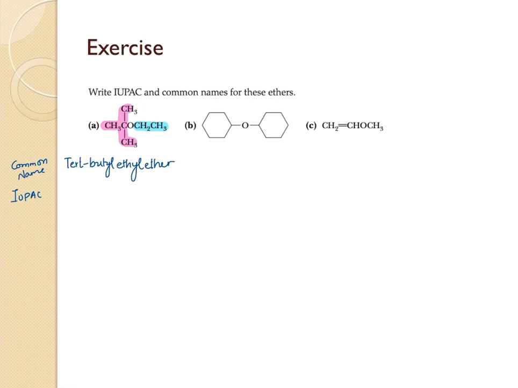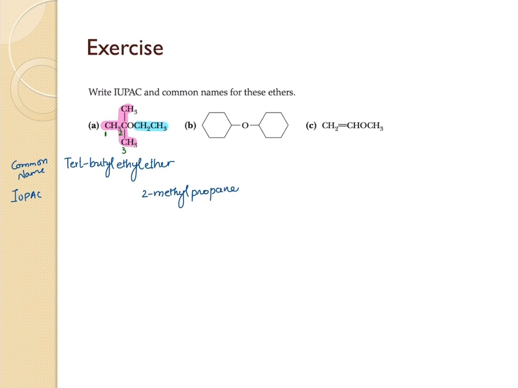Where you can see that there is a methyl group attached to the propyl group, and therefore this is going to be called 2-methylpropane. And why is this 2-methylpropane? Again, we have to number the carbons. So 1, 2, 3. On the second carbon of the propane molecule, you have a methyl group. So it's going to be called 2-methylpropane.